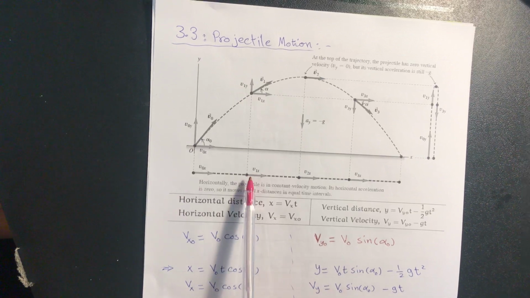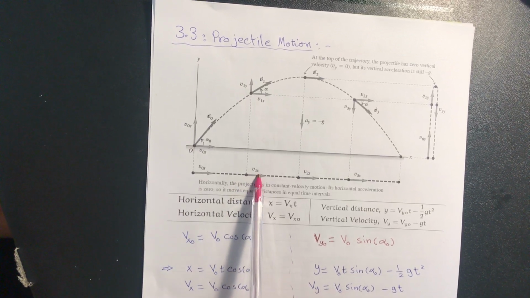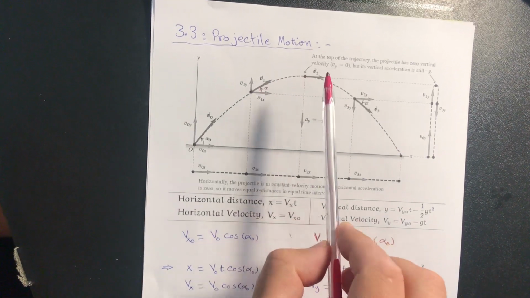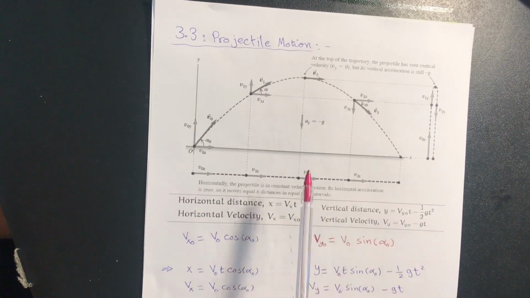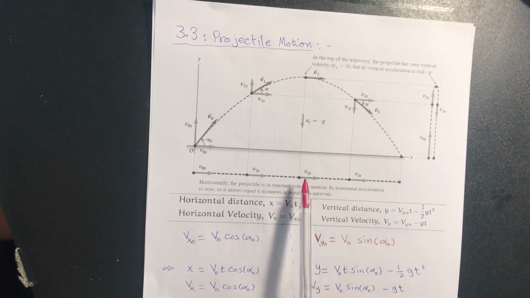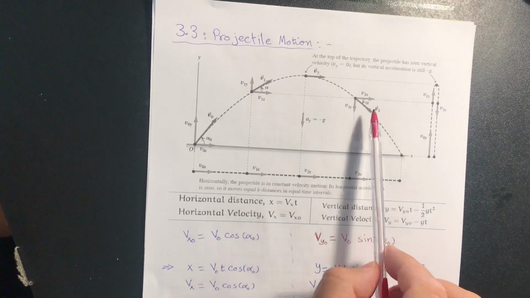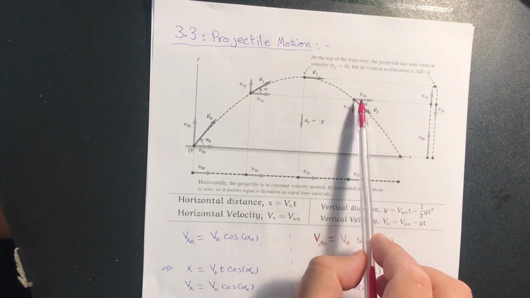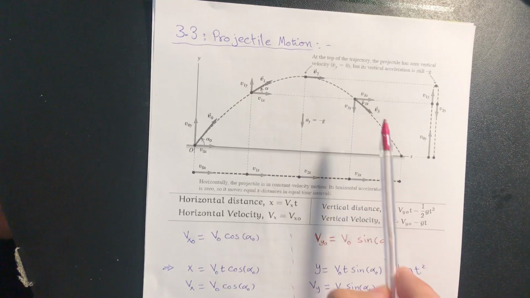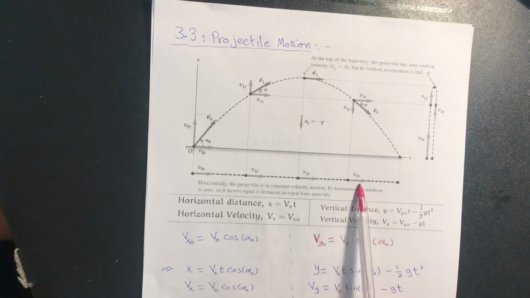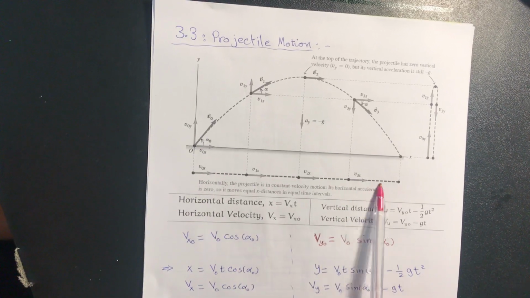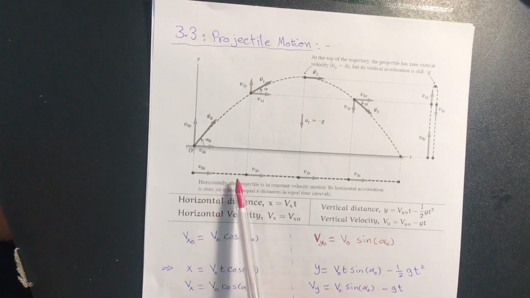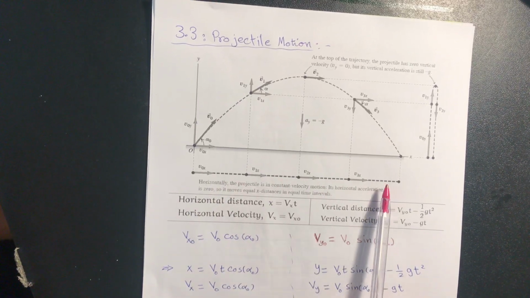At point number 1 we have v1x. At point number 2 we have velocity 2, and this velocity number 2 has an x component, which is v2x. Here also we have the third point. This is the velocity. We have x component and y component. This is vx. Along all the path, the x component is constant.